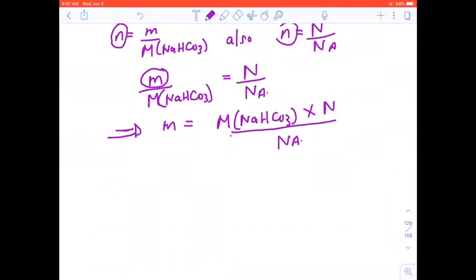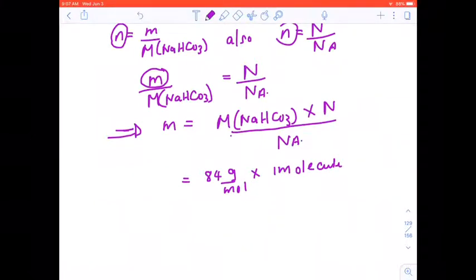So we say, all right, we want a mass. We know molar mass is 84 grams per mole. But what do we want? We want the mass of one molecule. So 1 molecule of it we want.